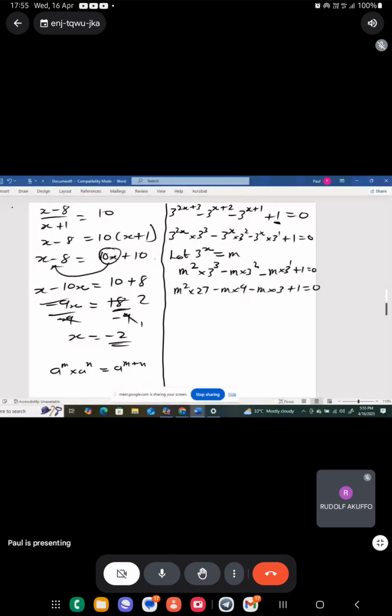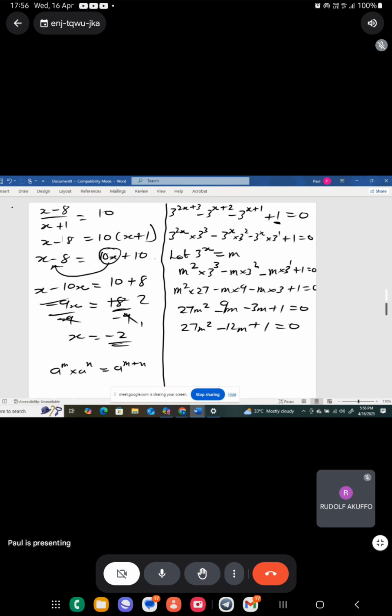So 27m squared minus 9m minus 3m plus 1 being equal to 0. When we add, we get 27m squared minus 12m plus 1 equals 0.